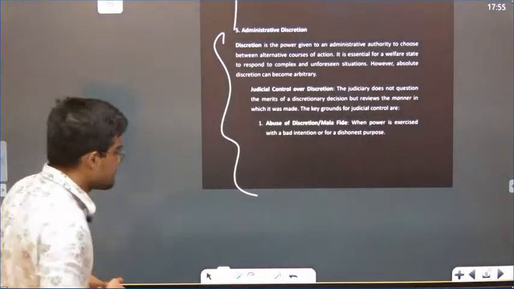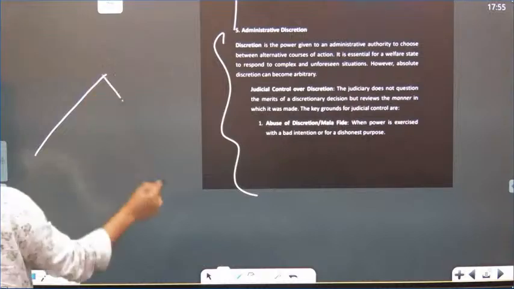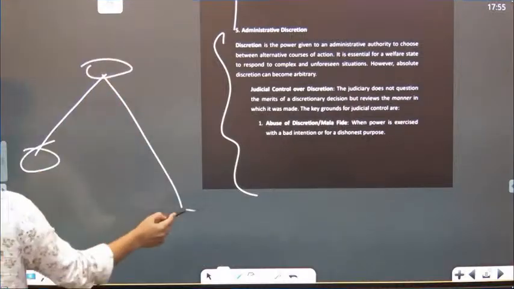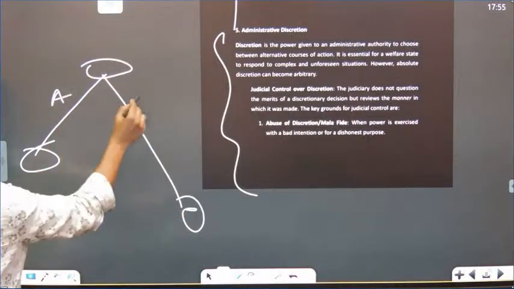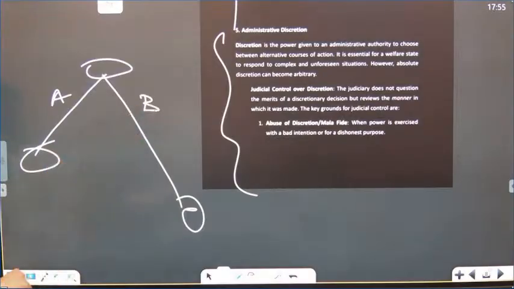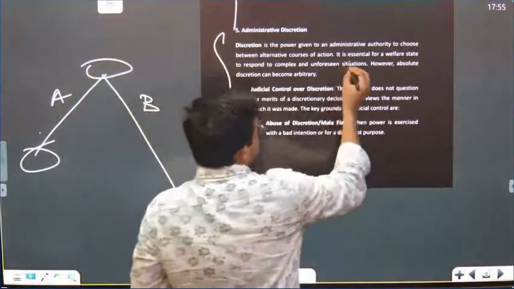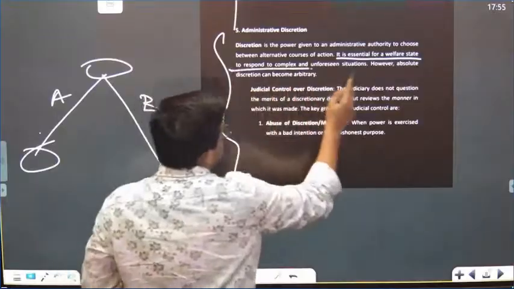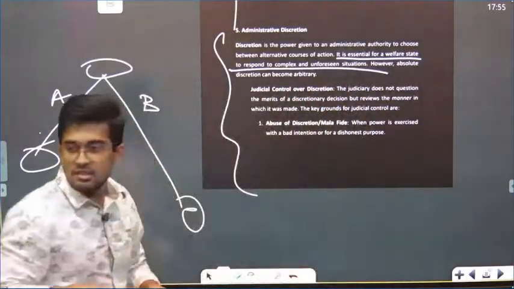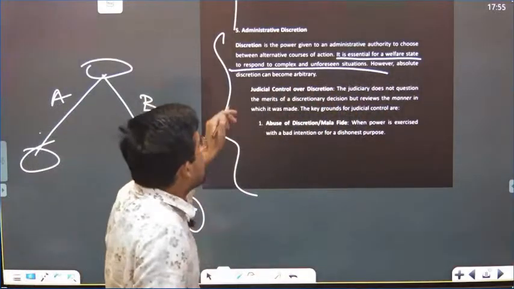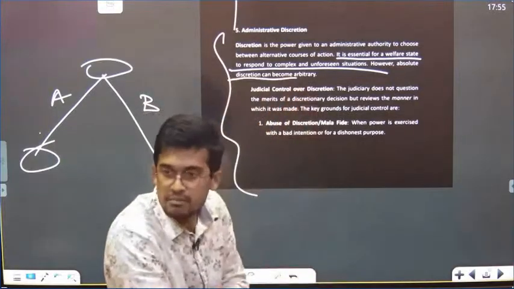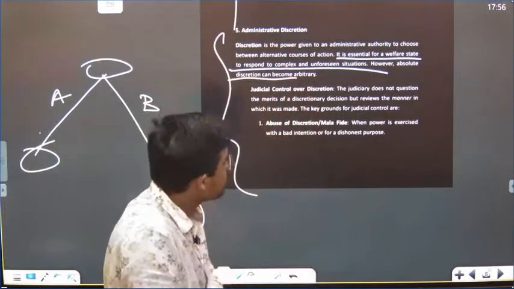For example, there are two options for how to implement this, option A and option B. There is a discretion for you to choose whether to choose A or B. It is up to you. But the reason for choosing them should be constitutional in nature. It is essential for a welfare state to respond to complex and unforeseen situations. However, absolute discretion can become arbitrary in nature.